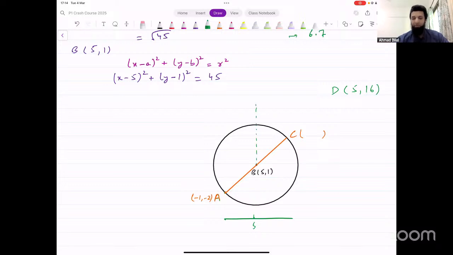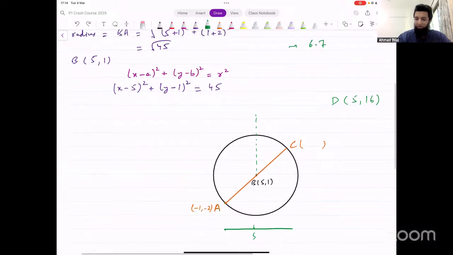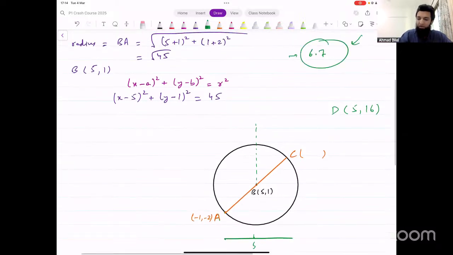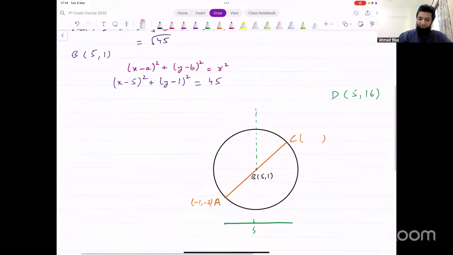Now, is it going to be inside the circle or outside the circle? This is 1, this is 16. What's the difference between these two values? 15. That's much bigger than the radius. That means the point D is going to be way outside the circle. It might be somewhere here. Let me just mark that outside. The point D is going to be somewhere outside, like this, for instance.